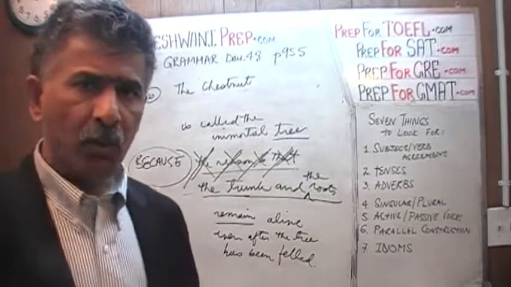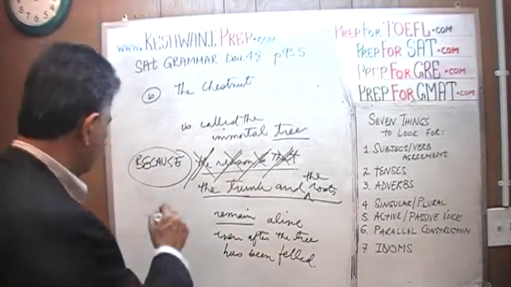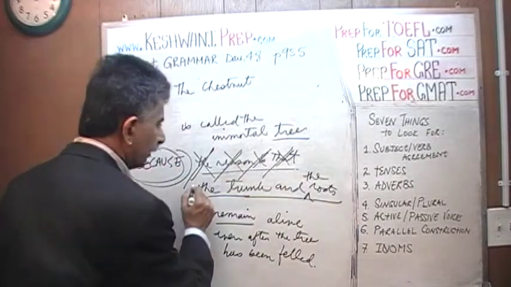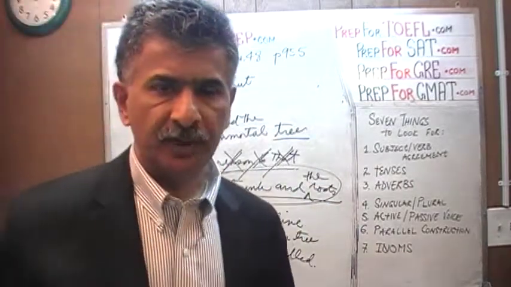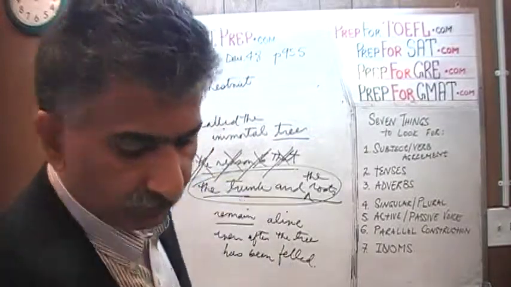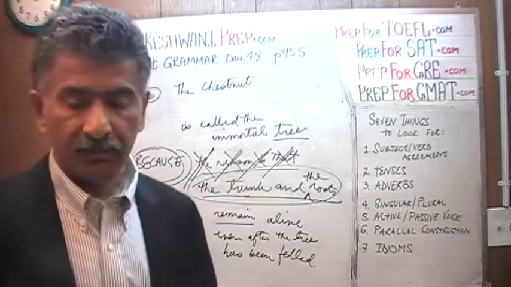It is called the immortal tree because the trunk and the roots remain alive even after you have chopped down the tree.